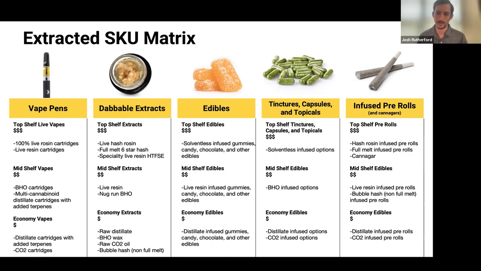Like I was talking about earlier, you might get $1 or $2 more, but really the difference is a little bit more flavor and a little bit more ability to say, hey, this is nug run. That might help a budtender sell your product more. It really depends on the market.